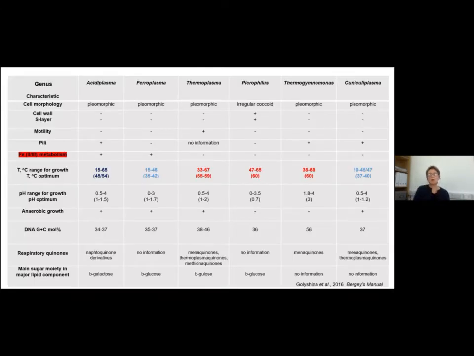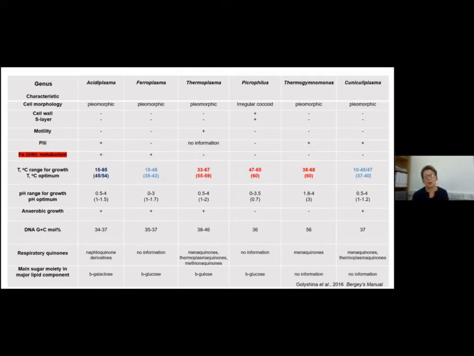If we look at a general overview of features of all these archaea, you can see that these features are pretty similar in terms of cell morphology. The only exception is Picrophilus, which has an S layer, and because of this, it has an irregular cocci shape.